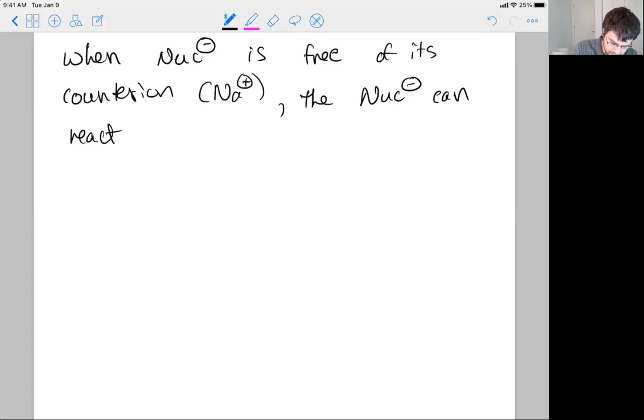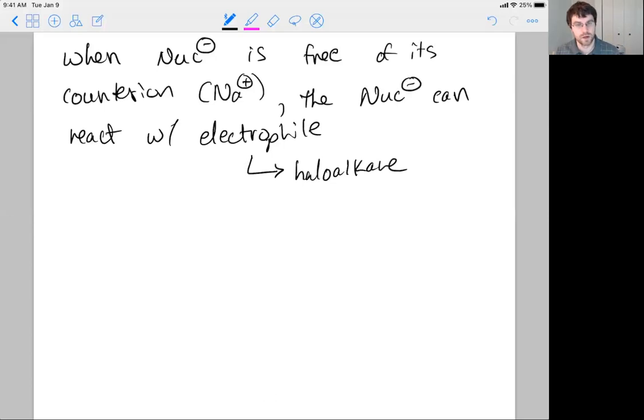And that's what it's all about, is combining the nucleophile and the electrophile. And in this case, the electrophile is our haloalkane.